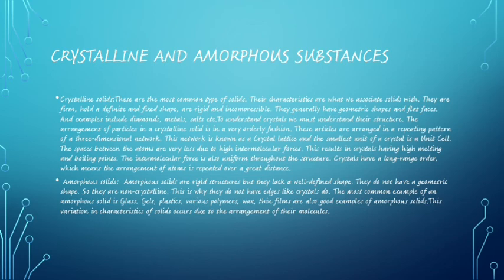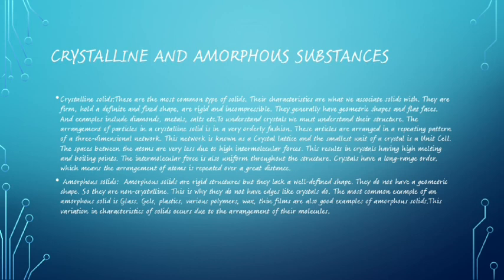Examples of crystalline solids are diamond, metal, salt, etc. To know how crystalline materials are arranged, think of the way we stack blocks side by side, so they are well arranged.